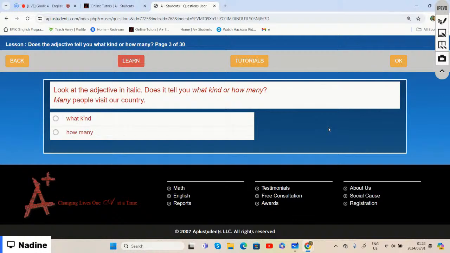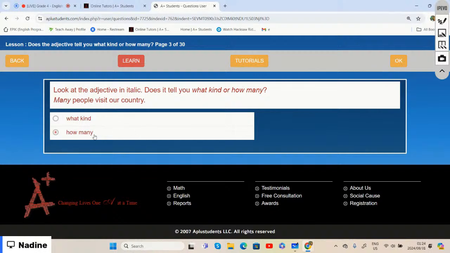If we look at that sentence, many people visit our country, and you look at the adjective and see what it basically says, does it say what kind or how many?